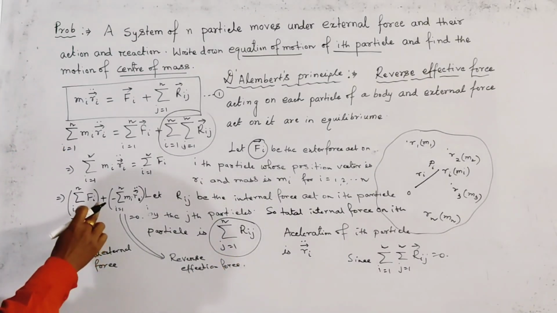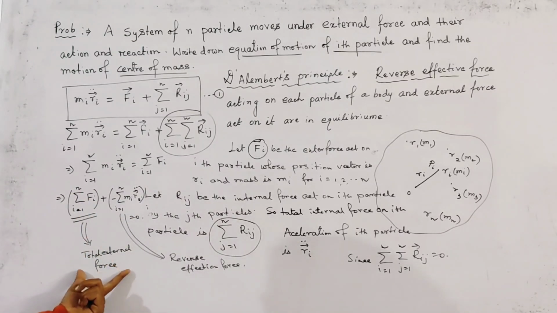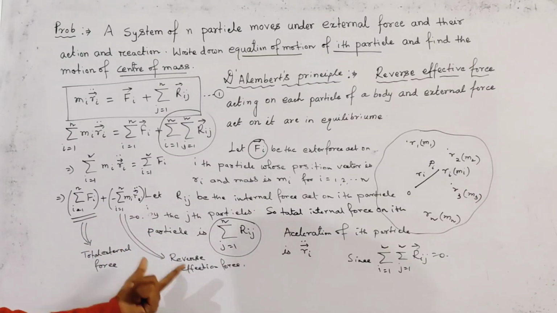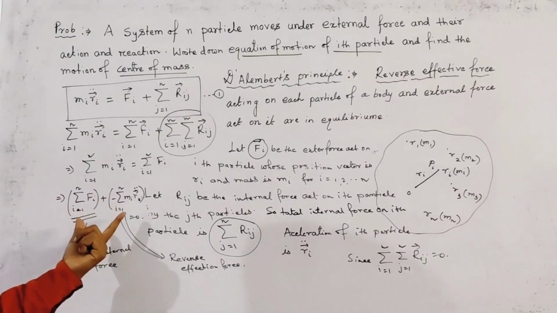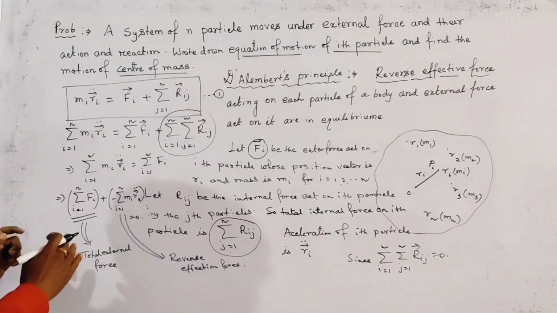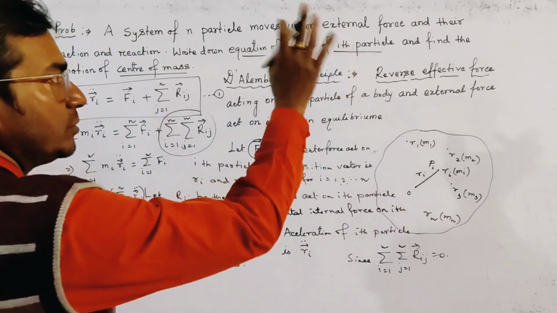From this relation, since the right side is 0, we say that the total external force together with the reverse effective force in a system of particles always forms an equilibrium. This is the mathematical proof of D'Alembert principle.